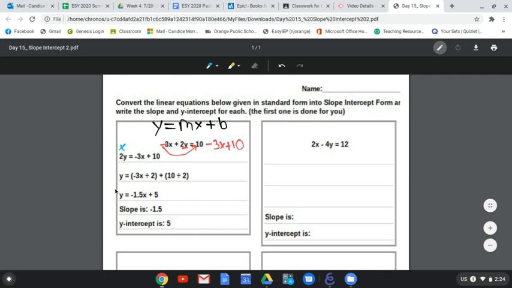So we need to make it so it's opposite. In order to do that, you have to do the opposite of multiplication, which is division. So you're going to divide by 2, not by y, just by 2.